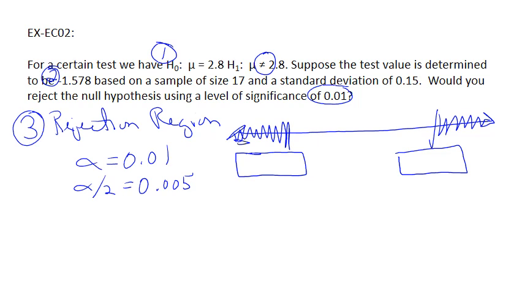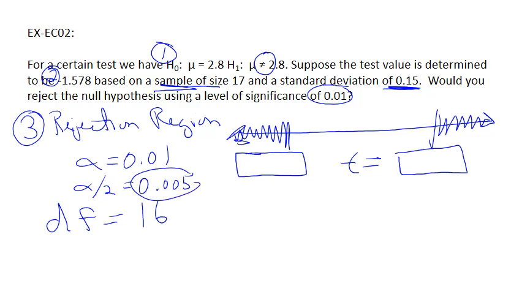Second, we have to decide if we're going to be using a z-score or a t-score. Well, if you look here, we have a sample and a sample standard deviation. We'll work with a sample standard deviation, so we will be looking up a t-score. So we need the degrees of freedom, by the way, which is 17 minus 1, 16.